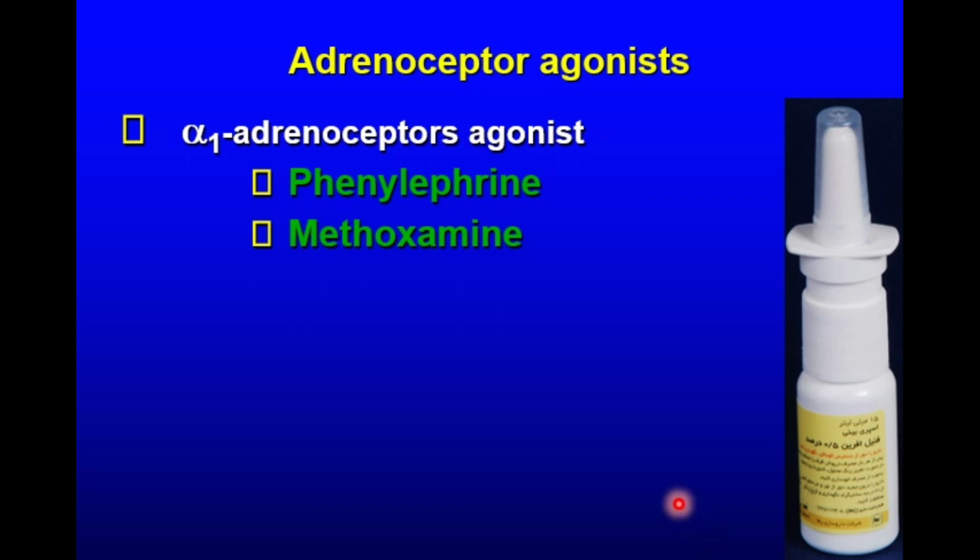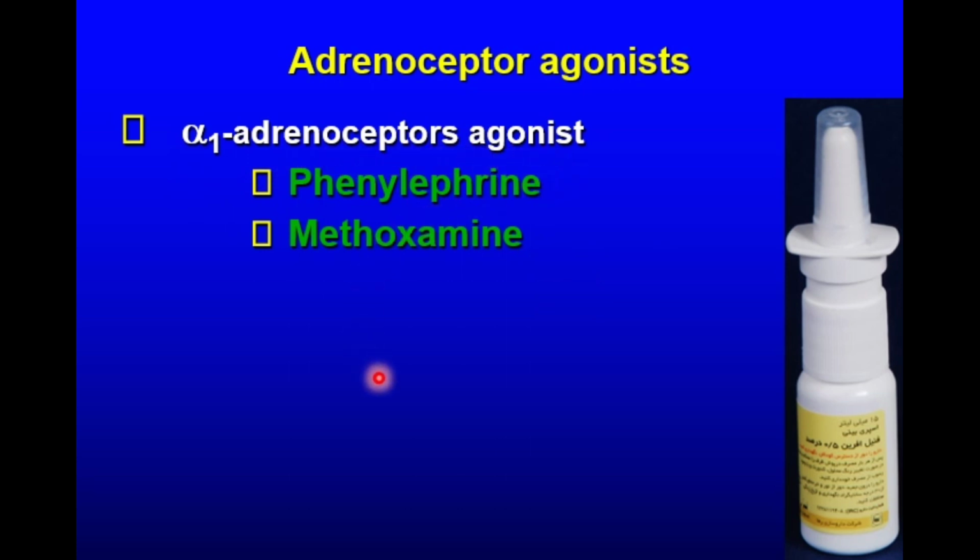Noradrenaline and adrenaline show relatively little receptor selectivity. However, nowadays we do have selective agonists. For example, phenylephrine and methoxamine are selective alpha-1 adrenoreceptor agonists.